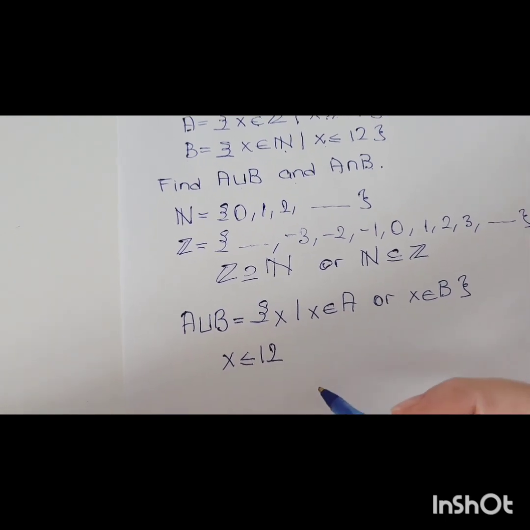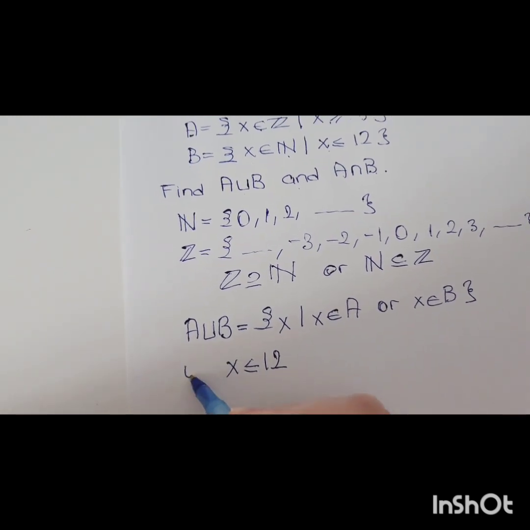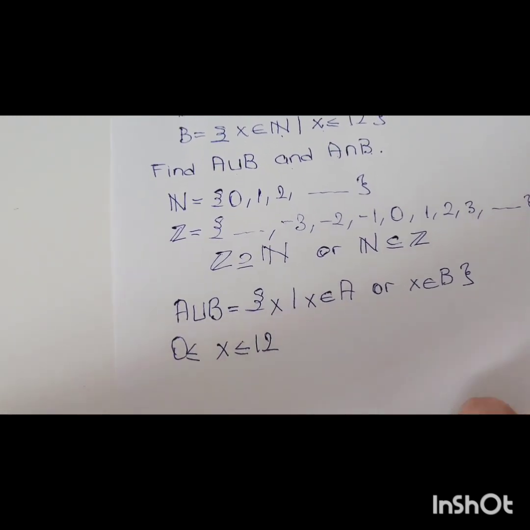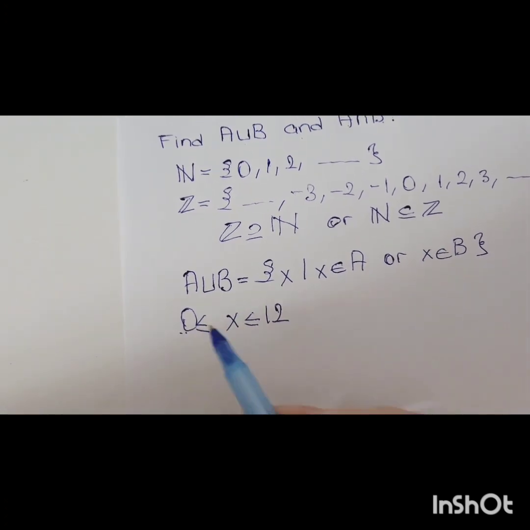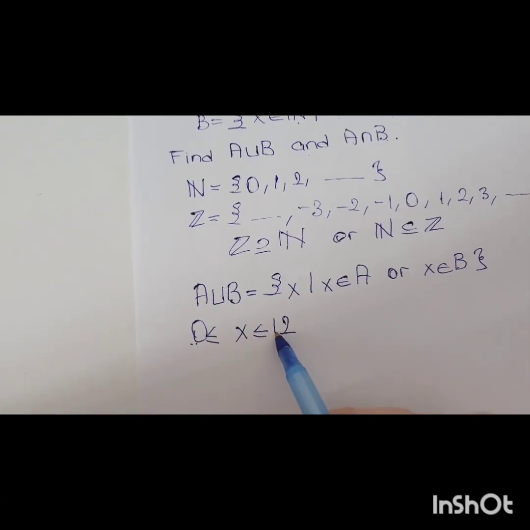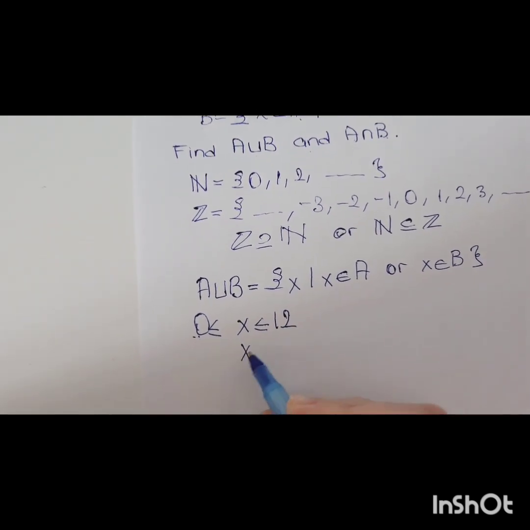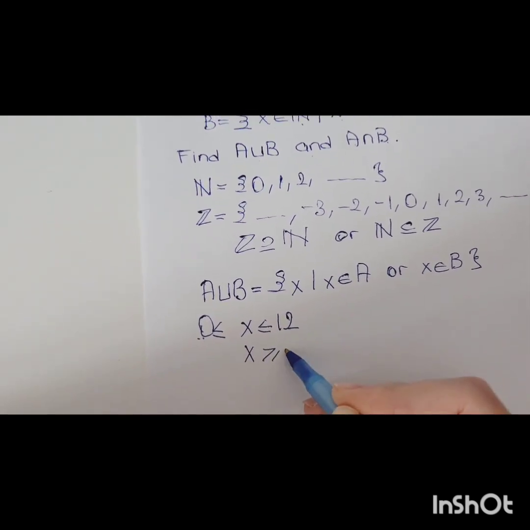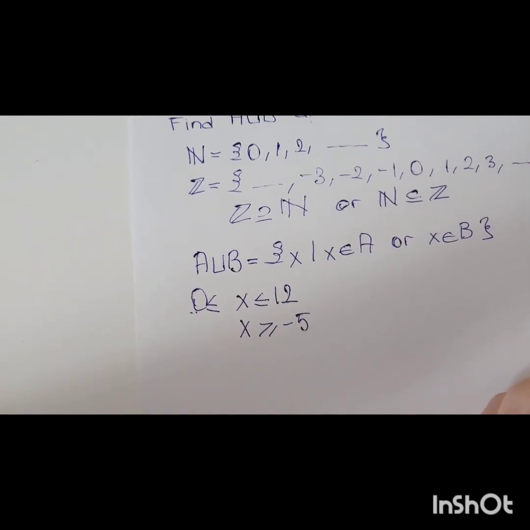But since they are natural numbers, they begin with 0. So they have to be between 0 and 12. Here, A has to be greater or equal than -5.